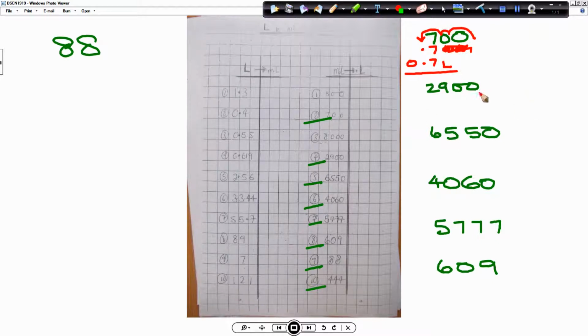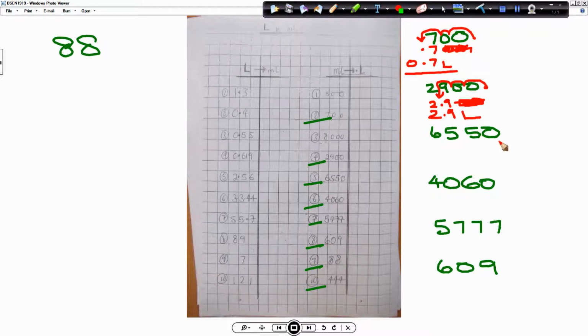Next one, 2,900. For the decimal point at the end, move it back 1, 2, 3. Copy everything down. 2.900. 2.900 is the same as 2.9 liters. These are unnecessary zeros.